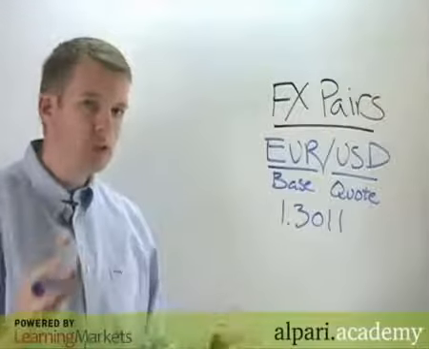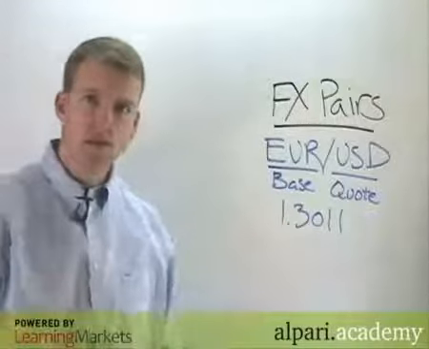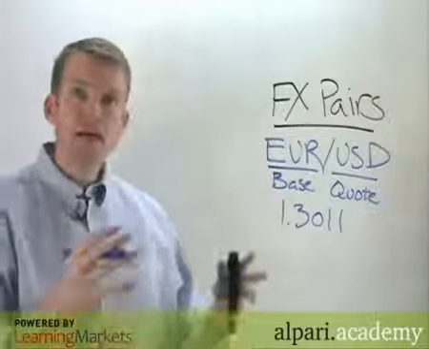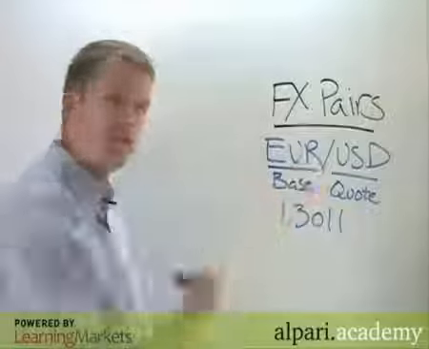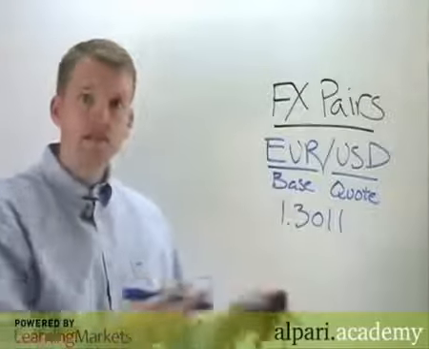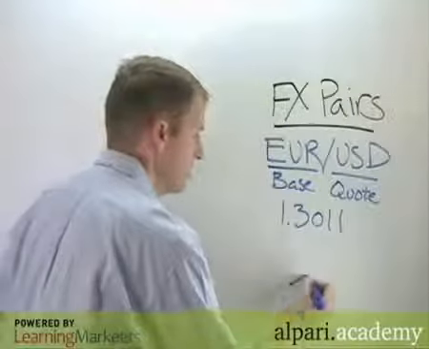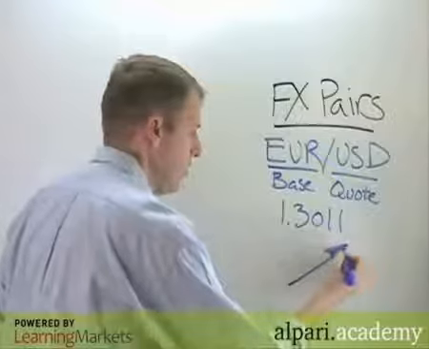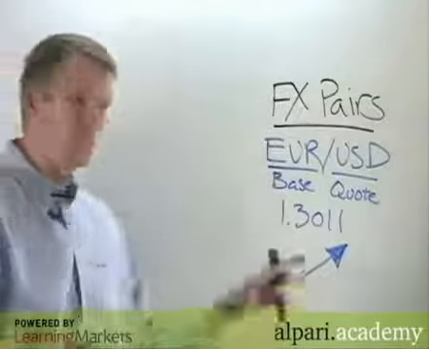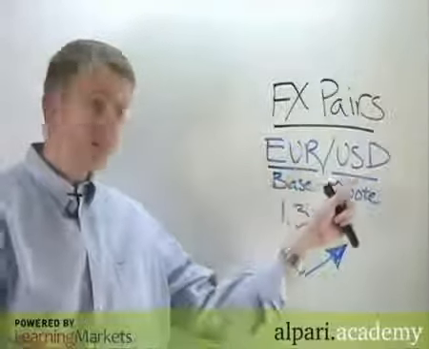Now the second thing that you have to really understand is when you're buying or selling an exchange rate, you're essentially making an investment that one of these currencies is going to weaken or strengthen, as the case may be, versus the other one. If we were to imagine that the Euro USD was going to go up, what we're really saying is that we think the euro is going to gain in value versus the dollar.